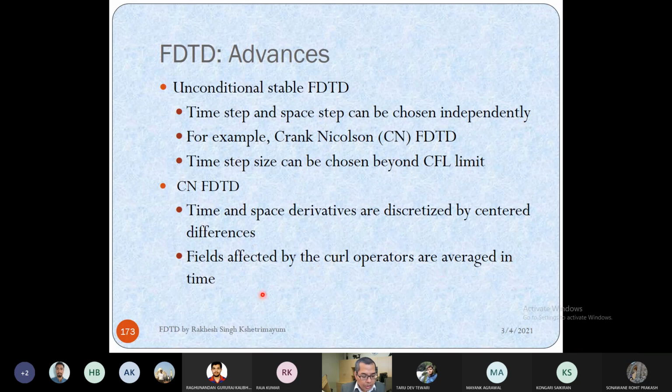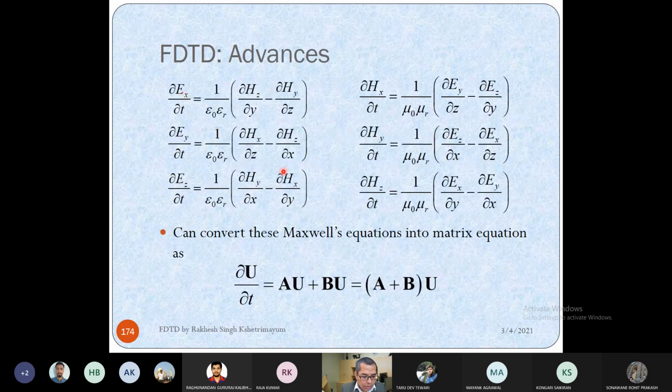Just before that, we have 6 equations, 3 for the first Maxwell curl equation, 3 for the second Maxwell curl equation. Can I convert these equations into a matrix equation? You can see here on the left hand side we have 3 components of the electric field, 3 components of the magnetic field, and we are doing partial derivative with respect to time. So can I write something like del u by del t, where u becomes Ex, Ey, Ez, Hx, Hy, Hz? I can definitely do that.